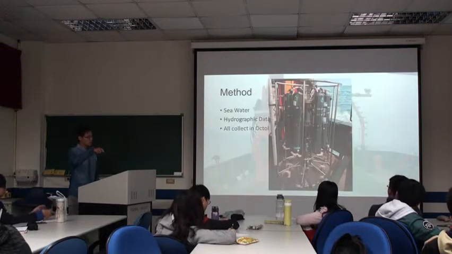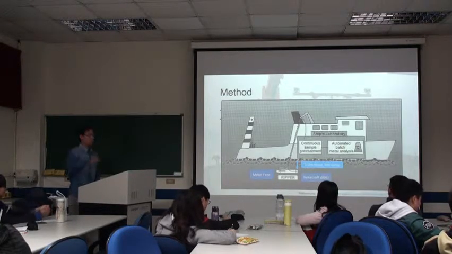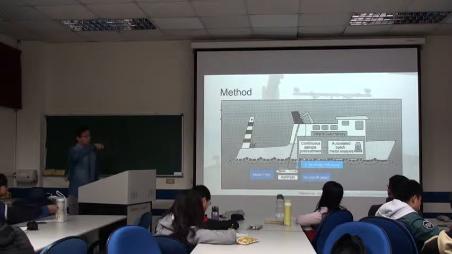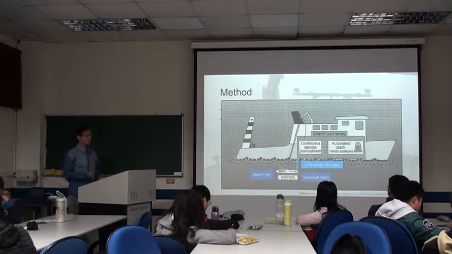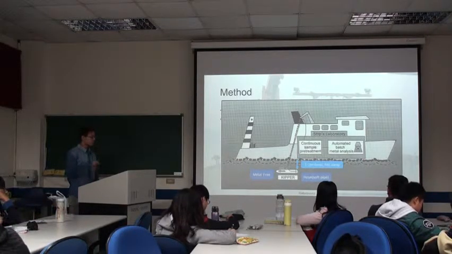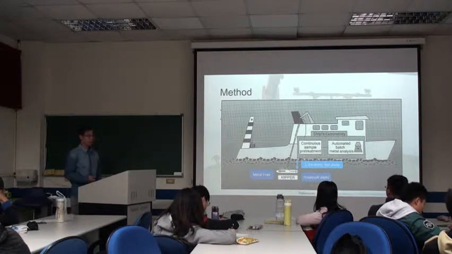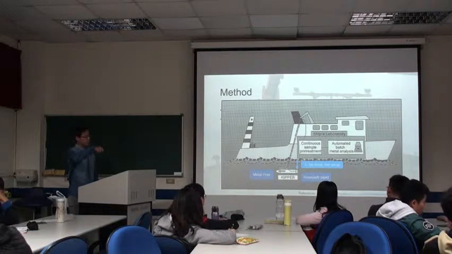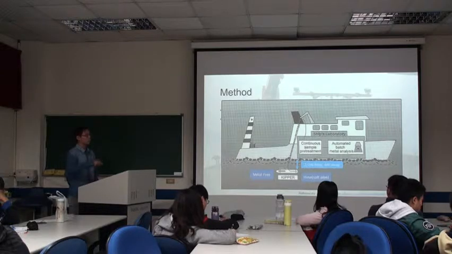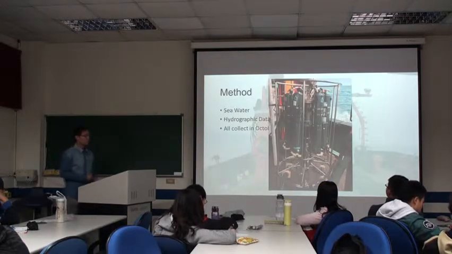It has a hose pointing forward to pump water to the ship laboratory. We collected surface water at 1 to 2 meters deep, and 6 meters away from the ship to keep the ship from polluting the water sample. The hydrographic data is collected by the CTD here.